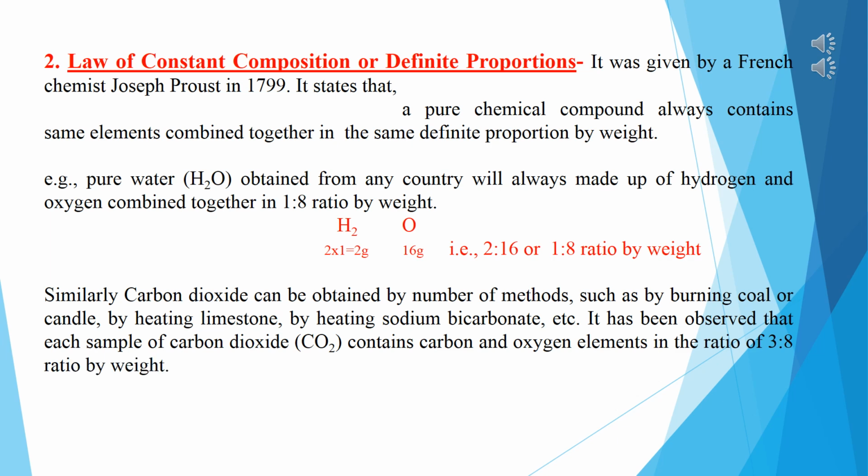So in the molecule of carbon dioxide, the weight of carbon is 12 gram and the weight of oxygen is 16 into 2, that is 32 gram. So the ratio comes out to be 12:32, or the simple ratio is 3:8 by weight.